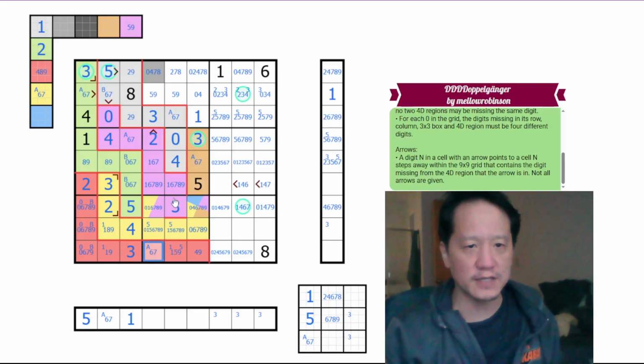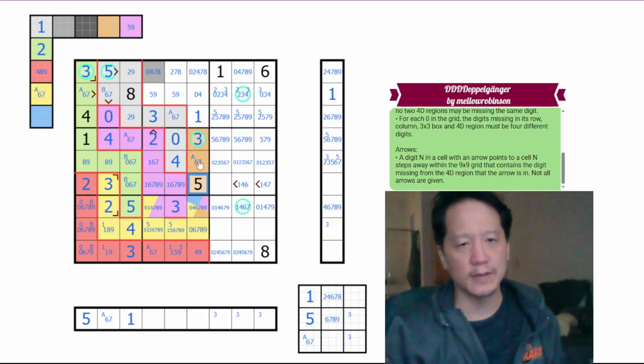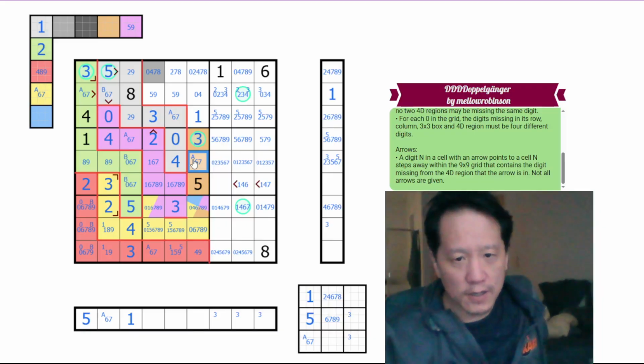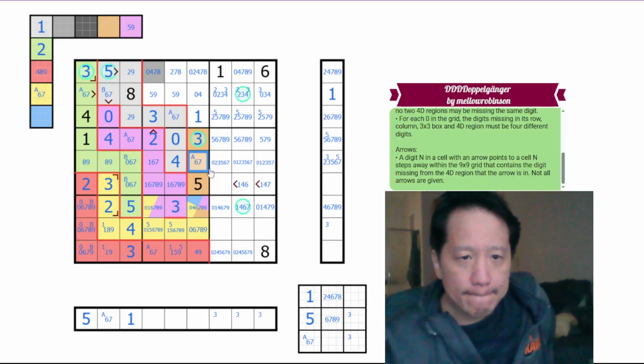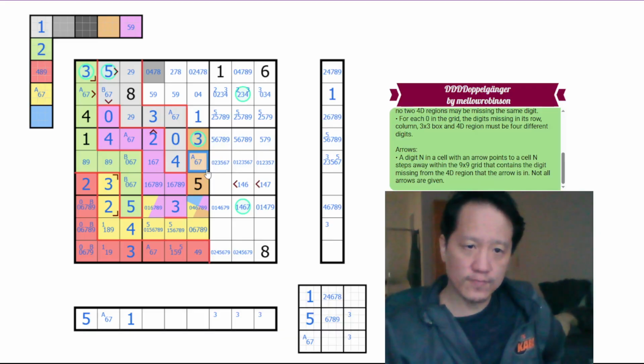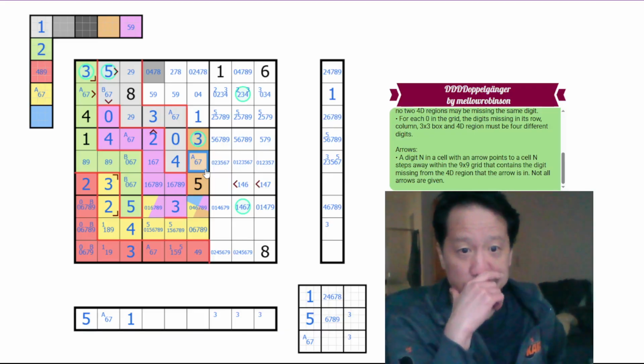Because we know A67 is here, which eliminates A67 in the rest of the box. And it can't be 3 or 5, obviously, so this must be A67. Okay. Oh, this is really convoluted.